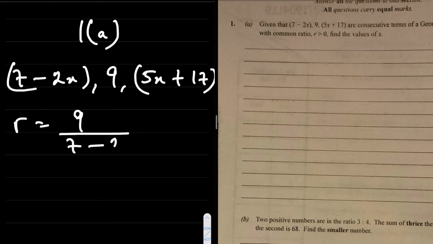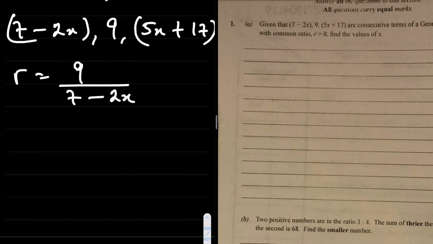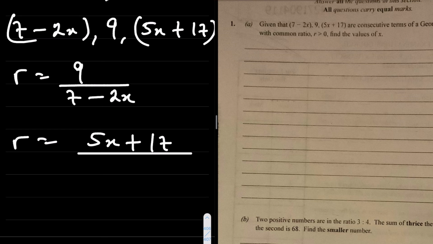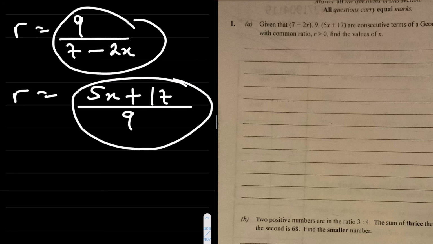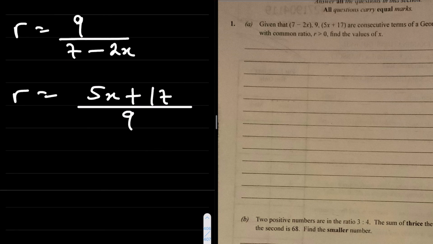And the same r is also equal to t3 over t2, which means 5x plus 17 all over 9. So that simply means these and these are equal because they both represent r.